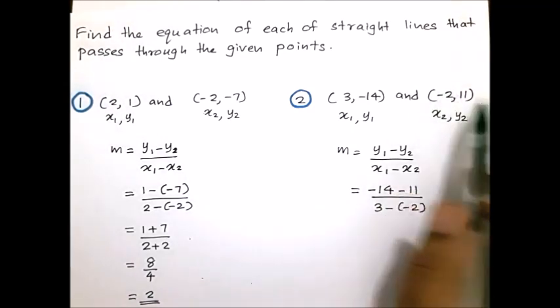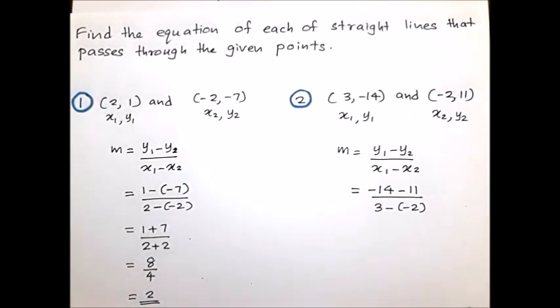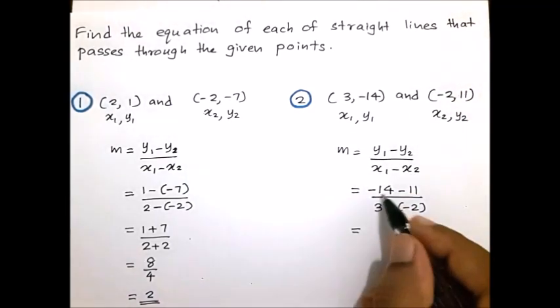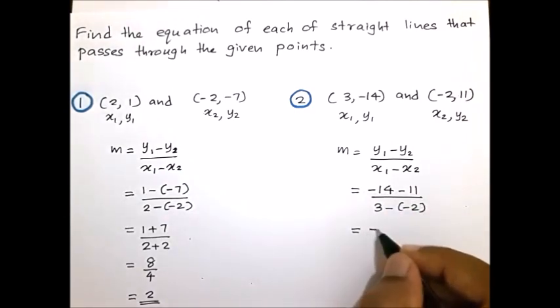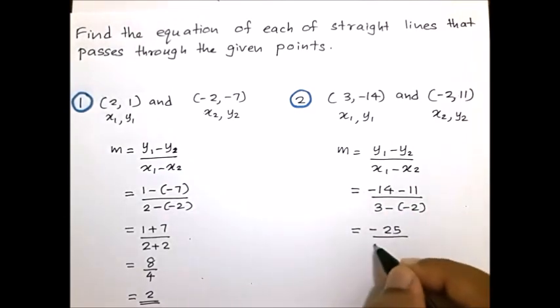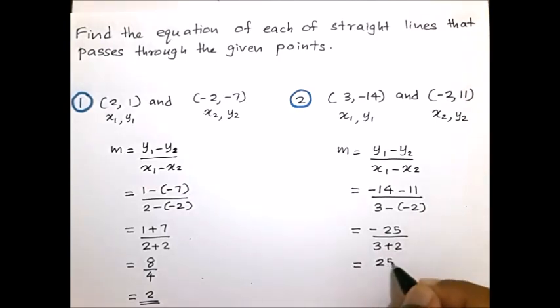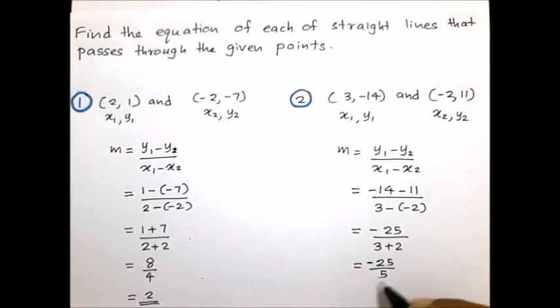When you are writing a minus term, write it within brackets. Minus 14 minus 11 is minus 25. Minus multiplied by minus is plus. Minus 25 divided by 5 is minus 5. Gradient is minus 5.